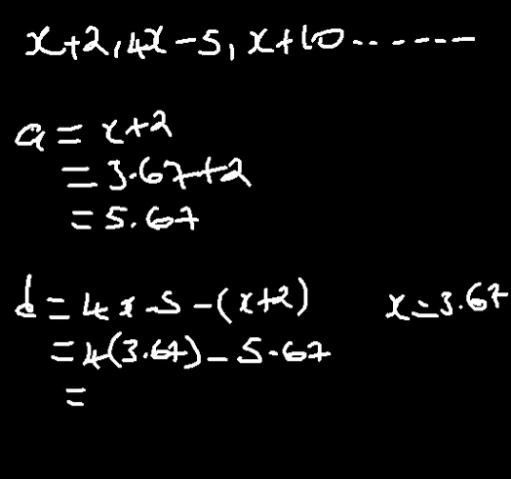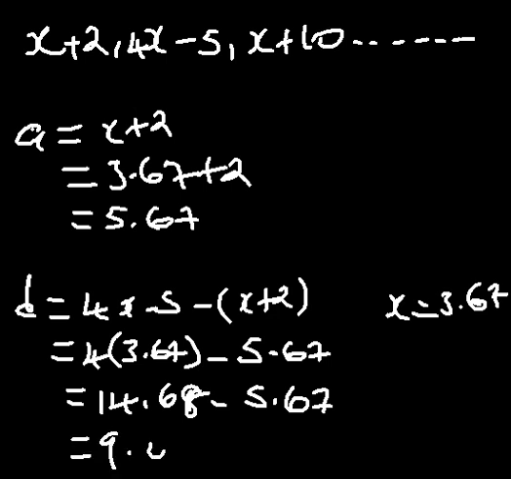So now 4 times 3.67, we can have it as 14.68 minus 5.67. We'll have the common difference being given as 9.01. That is the common difference.